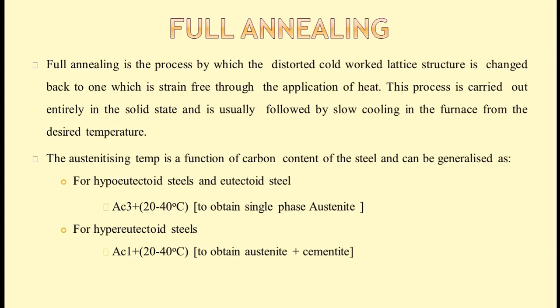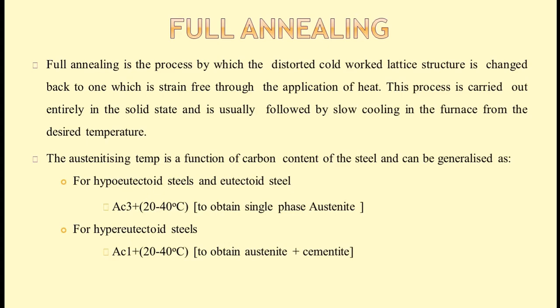One thing we must understand is that when we are cooling it down, the cooling is not done naturally. The cooling rate is controlled by a suitable furnace. The rate of change of temperature in the downward direction, which is also called the cooling rate, is also controlled very specifically. Otherwise, the full annealing effect will not be observed.